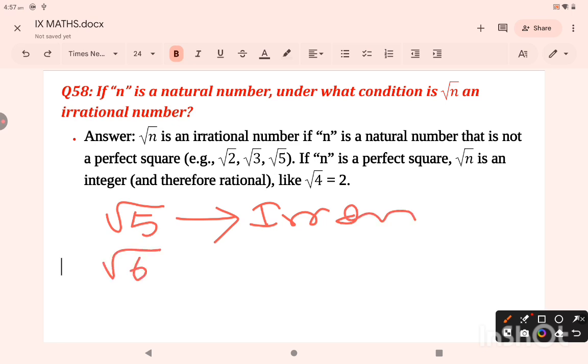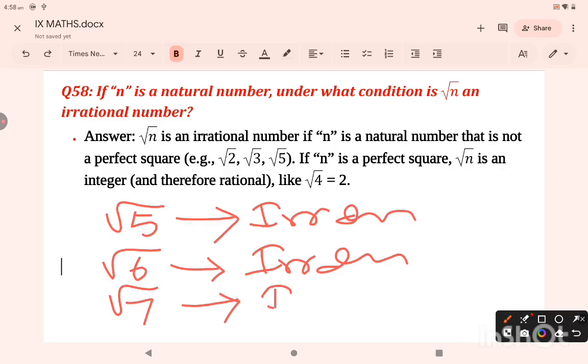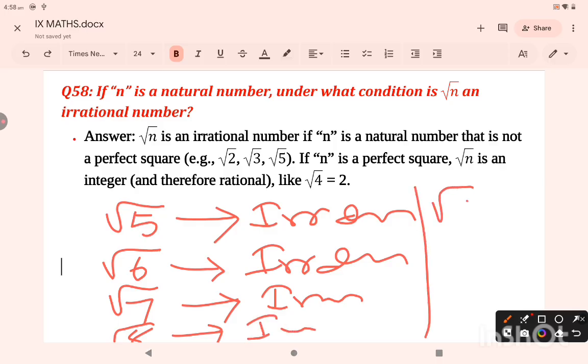Root 6 is irrational. Root 7 is irrational. Root 8 is irrational. Root 9 is rational.